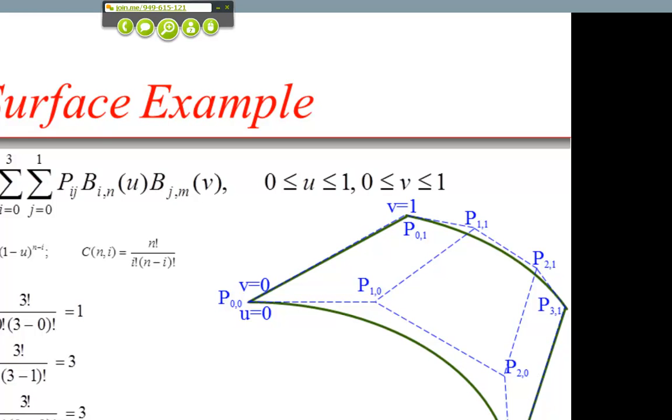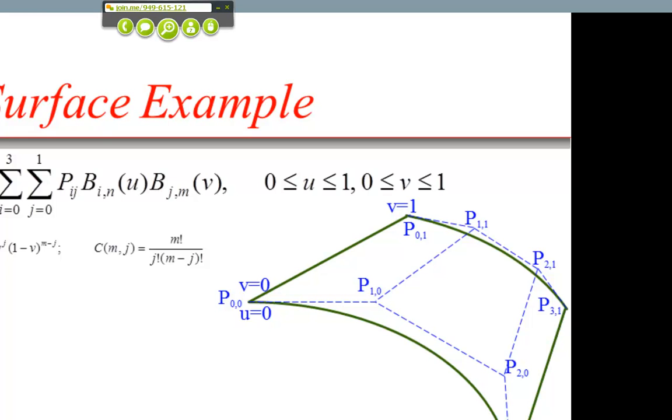So the coefficients along the curve are 1, 3, 3, 1, just like before. This is a representation of our Bernstein basis functions, multiplied out. So there's the 1 minus u cubed, 3u, 1 minus u squared, 3u squared, 1 minus u, and u cubed that define this curve.